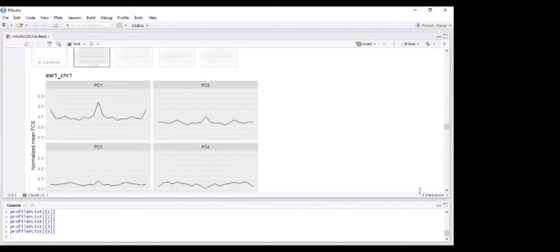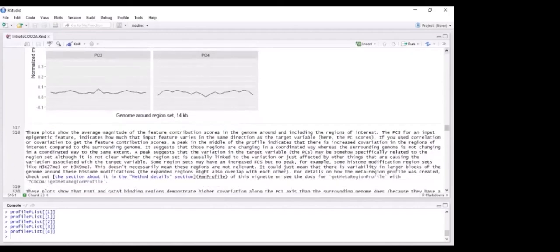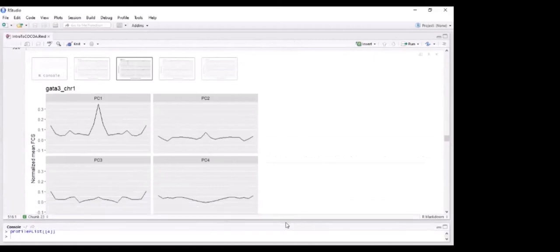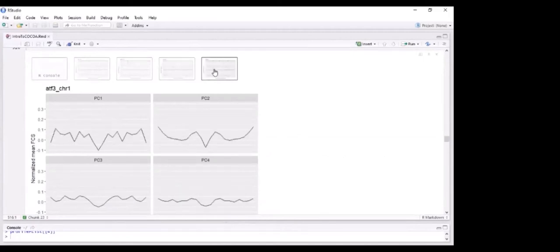We see something similar for GATA3, which is involved in estrogen receptor regulation. We see a pretty distinct peak there. And we see absence of peaks for NRF1 and ATF3.